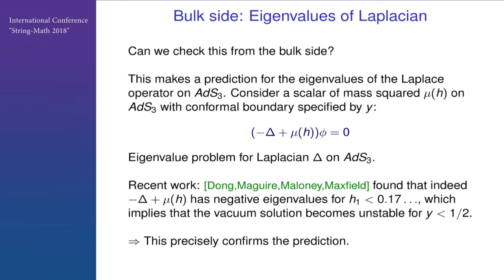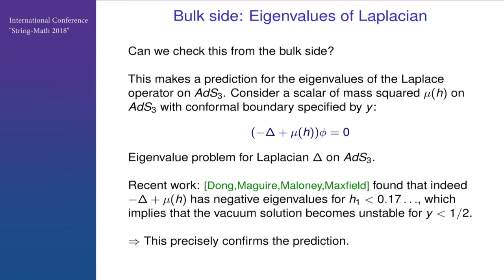Basically, what it boils down to is you're interested in an eigenvalue problem of the Laplacian on AdS3 with genus 2 boundary conditions. So the idea is you place some field of, say, mass squared mu, where this is the usual relation between h and mu coming from relating the mass of the field to the weight of the dual operator.